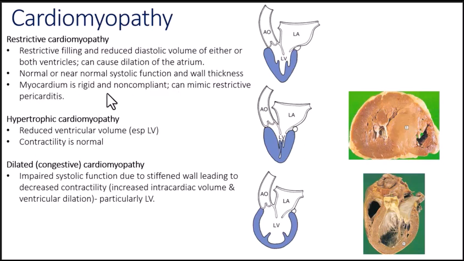But the myocardium becomes more rigid and non-compliant to diastole. Restrictive cardiomyopathy can mimic restrictive pericarditis that we spoke about before. With this condition, it's usually caused by something that infiltrates the area, some condition that causes substances to infiltrate the area, causing a restriction in the normal function of diastole.